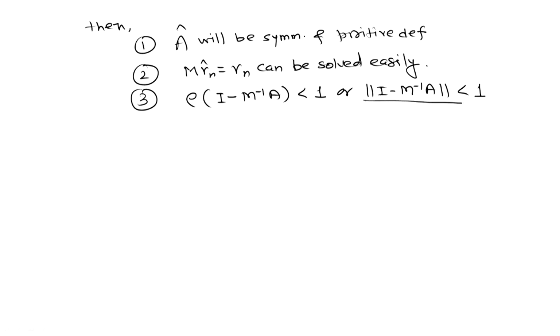I will prefer this one, because this is a necessary and sufficient condition. So, these three things will happen surely if you make the choice of M based on those Jacobi, Gauss-Seidel or SOR type of approaches.